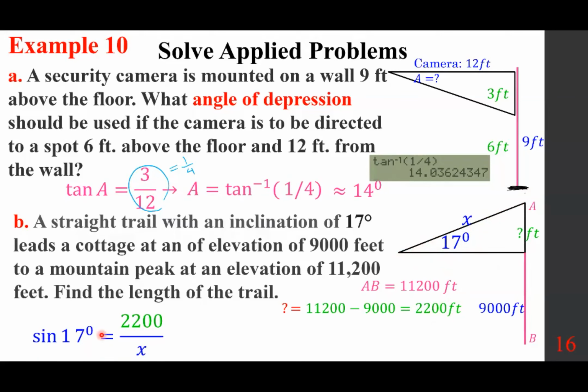You can interchange x and sine of 17 degrees. So you could write x is 2,200 divided by sine of 17 degrees, at which point we use a calculator. I'm going to put a few decimals, and all of them are approximations. Normally, they ask for one, maybe two decimals, okay?